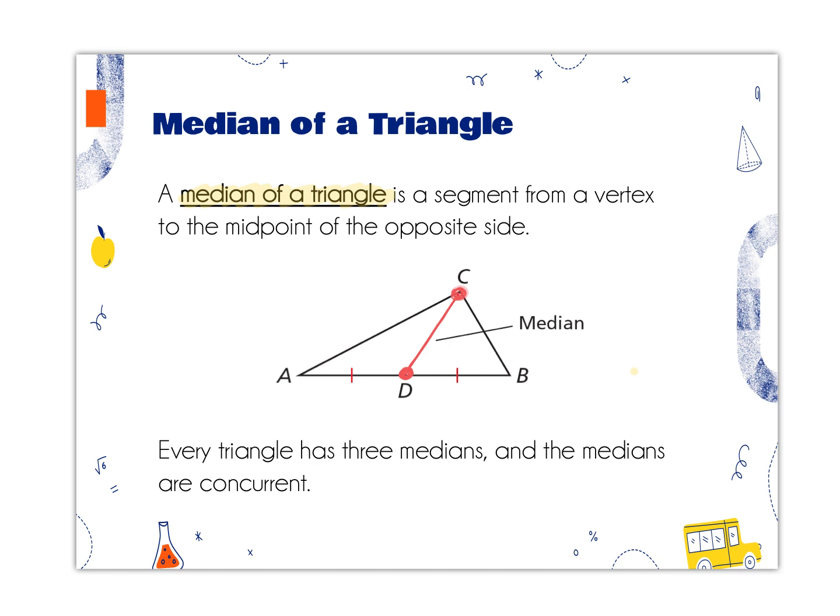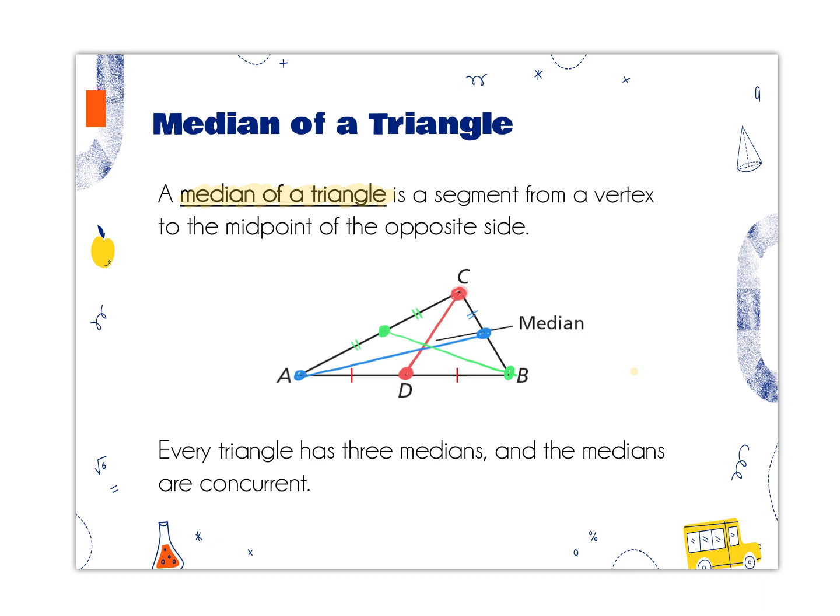I can do multiple medians. So that's the median from C to D. But I can also do a median from vertex A. I can figure out where the midpoint is, I'm guessing right now, of BC, and so this would be the median of vertex A. And then I could do the same thing with vertex B. I would need to know where the midpoint is, and I would draw this one.